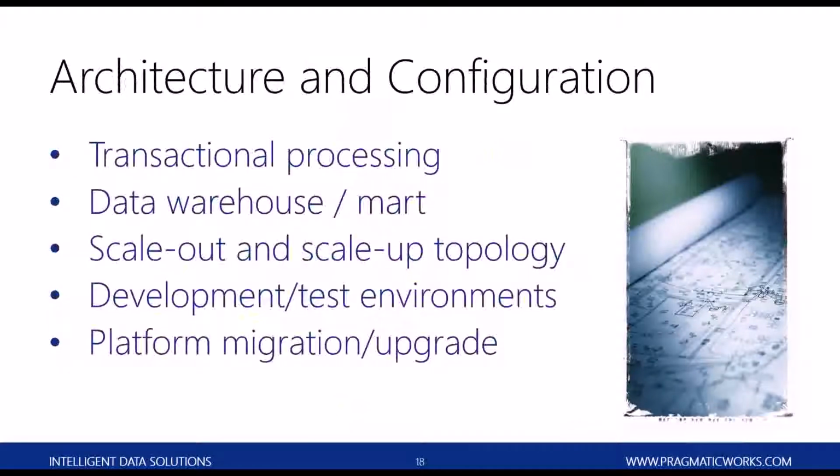You can also look at bringing in some scale-out capabilities. One of the things that we often do with SQL Server when we want to increase the capabilities is we scale up. Get a bigger box, more CPU, more memory, more storage. But that's not always the solution.